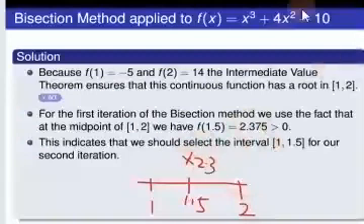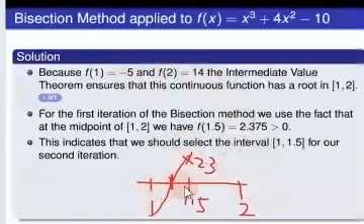The function value at 1.5 is 2.375, which is positive, and the function value at 1 is negative 5, and at 2 it is positive 14. So this is positive, this is negative. That means because f is a continuous function, the real root is in between these two, in this interval.